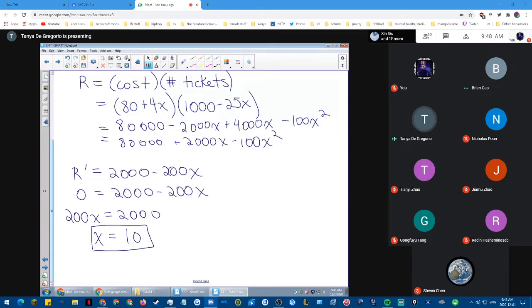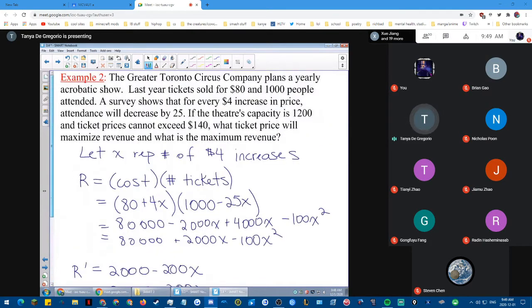Endpoints. Yeah, you got to test your boundaries here because we know that only a certain amount of people fit in here and the price cannot exceed 140. Well, I think we can already see that the price is not going to exceed 140, but we want to make sure that that capacity is also not over, right? So let's check our boundaries.